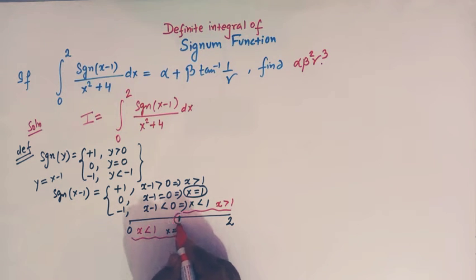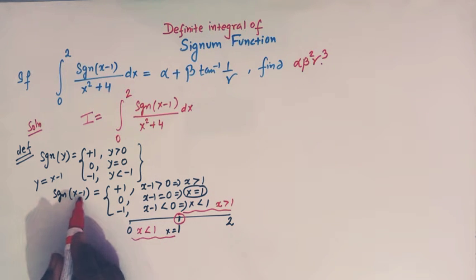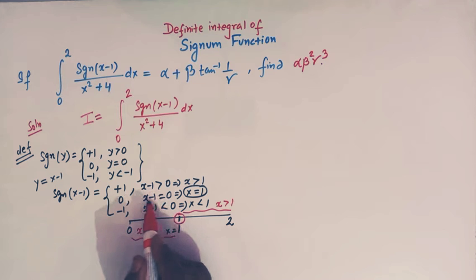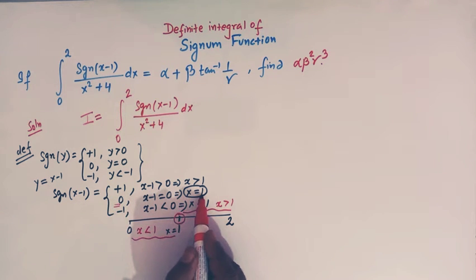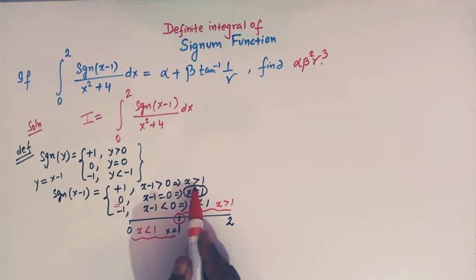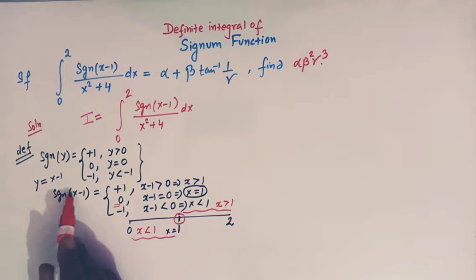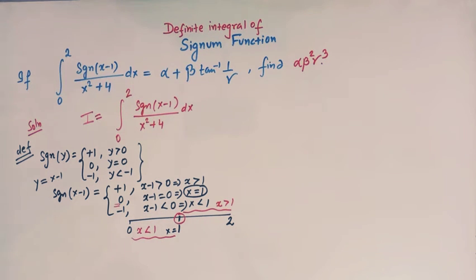When x is equal to 1, signum of x minus 1 is 0, it is plus 1 when x is greater than 1, and minus 1 when x is less than 1.